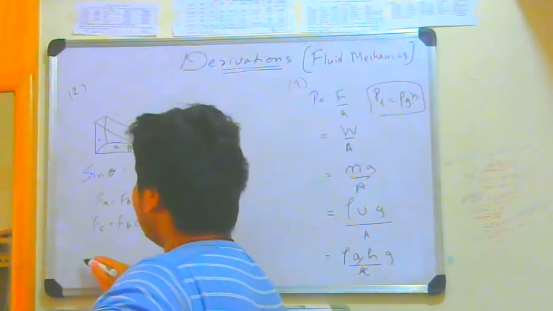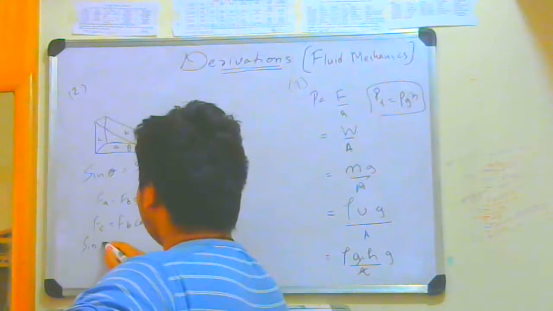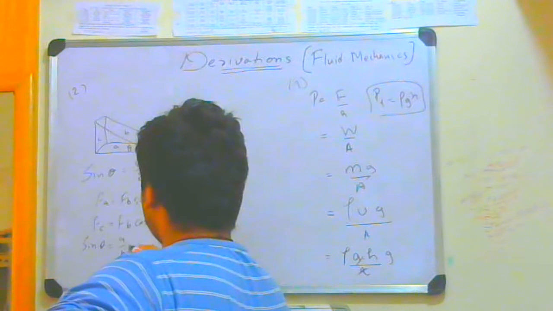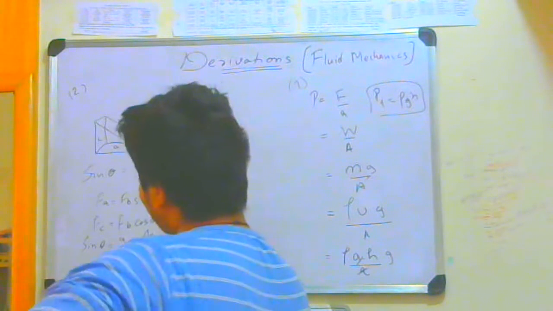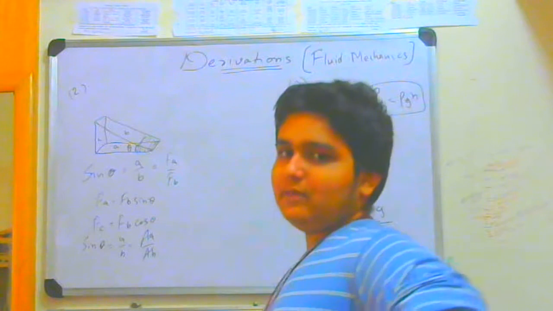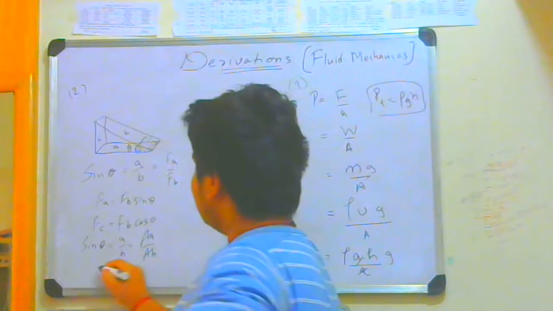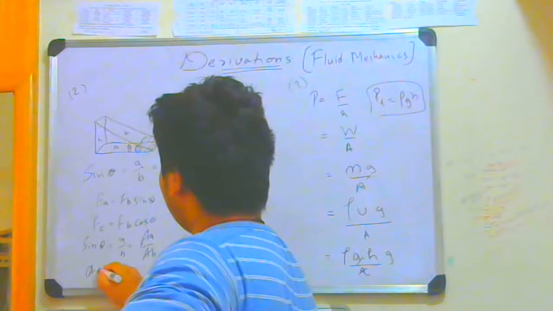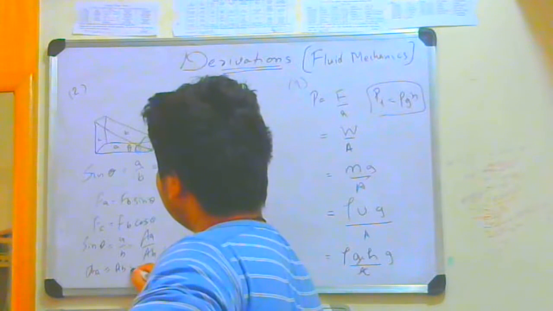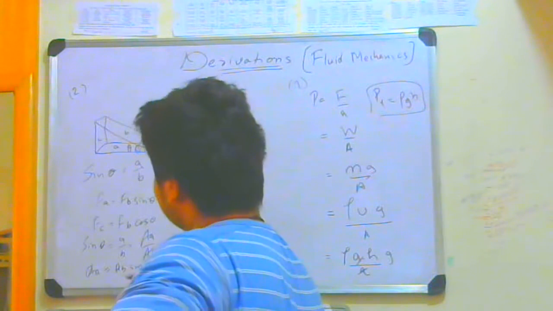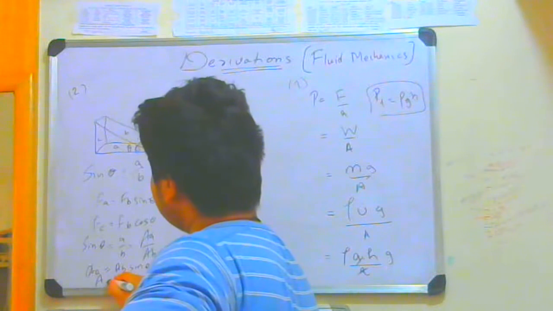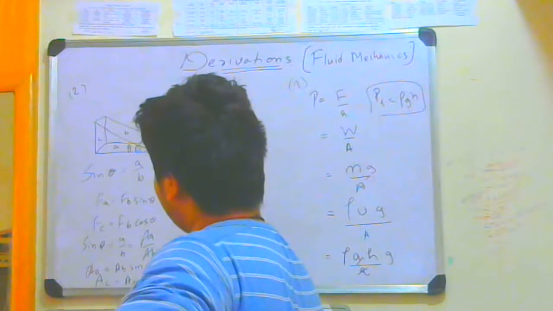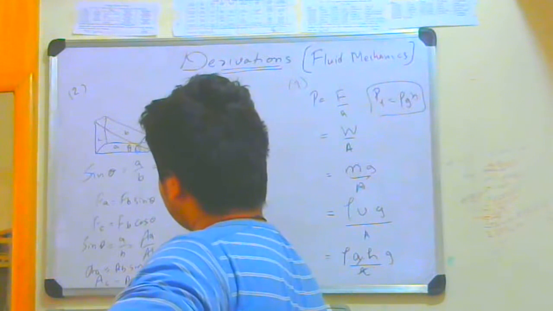And similarly area का आप calculate करो, so I can again apply sin theta equals a by b equals A upon AB, where capital A denotes area. तो यहाँ से मुझे मिलता है A is equal to AB sin theta. Similarly AC is equal to AB cos theta.